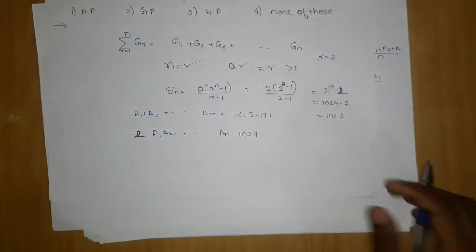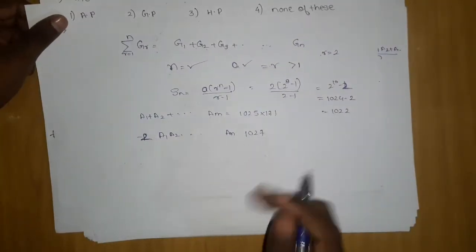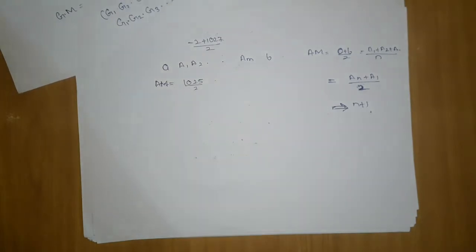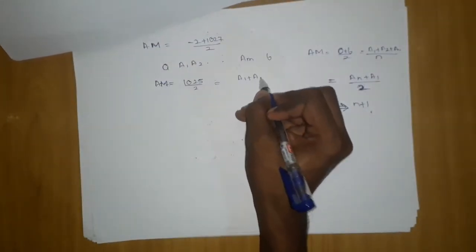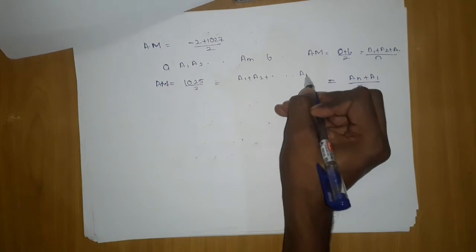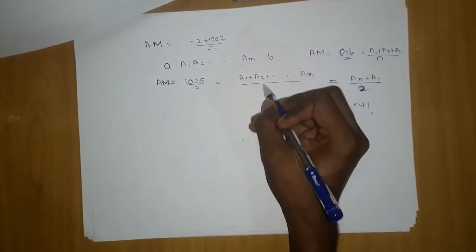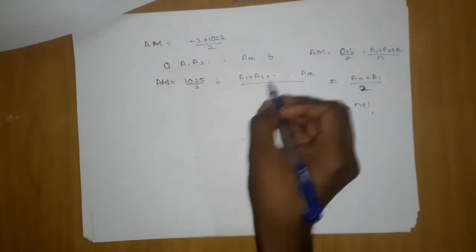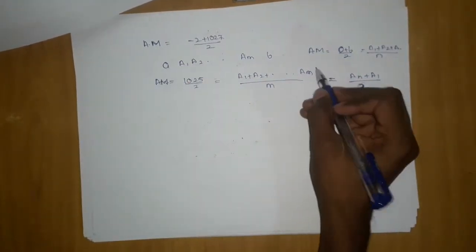So we have got our AM, which is equal to this, 1025 upon 2. And we need the number of arithmetic means. If this is AM, this will also be AM: A1 plus A2 plus A3 until Am, upon how many terms? M terms, divided by the number of terms. They are both equal because they are both equal to AM.